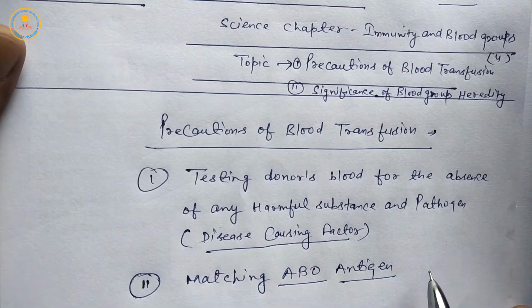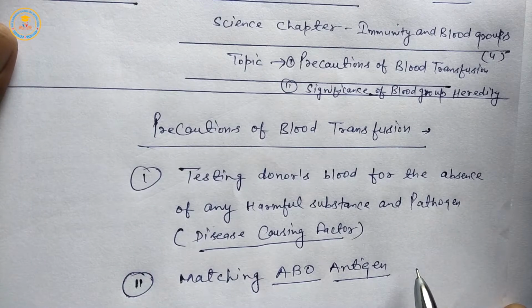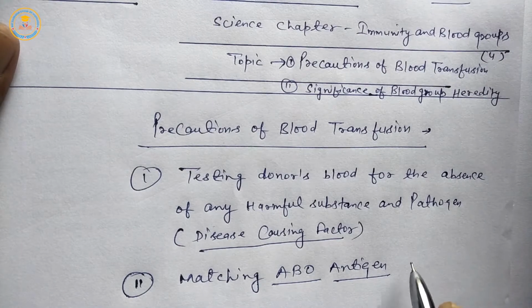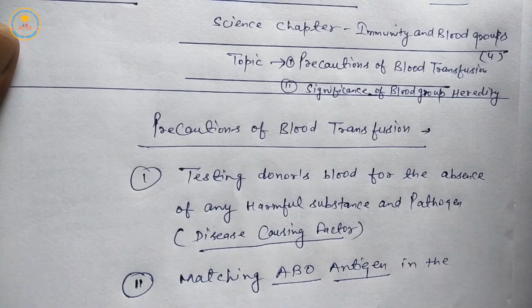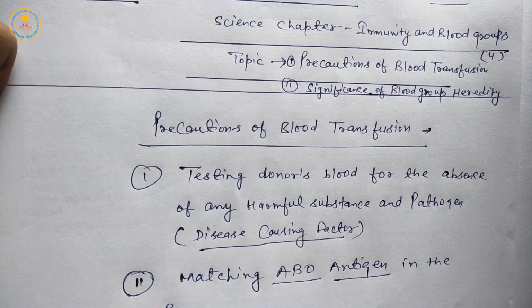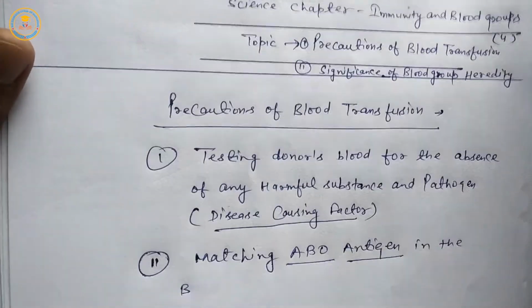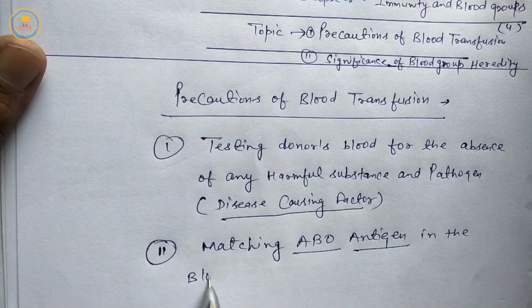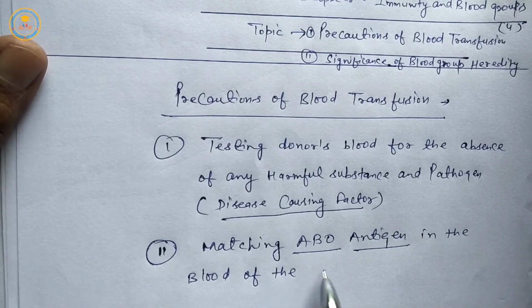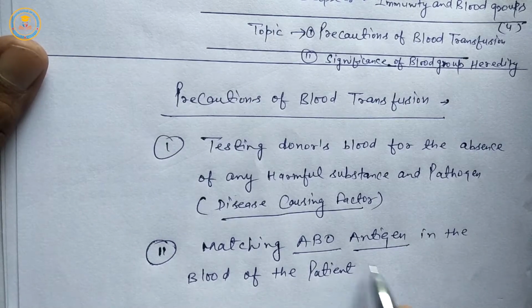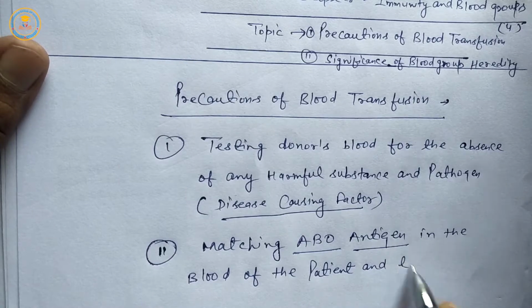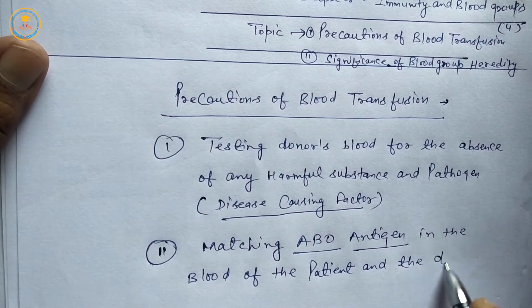Human's antigens are antigen A, antigen B, and RH antigen or RH factor, in the blood of the patient and the donor.